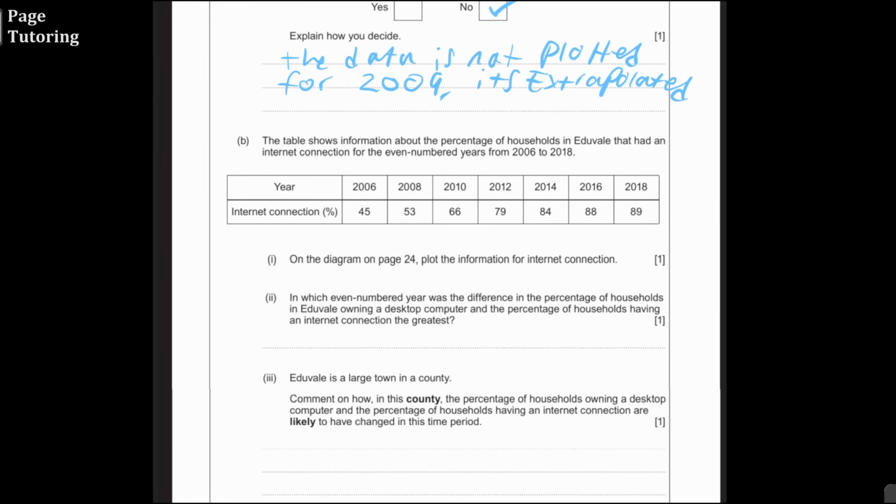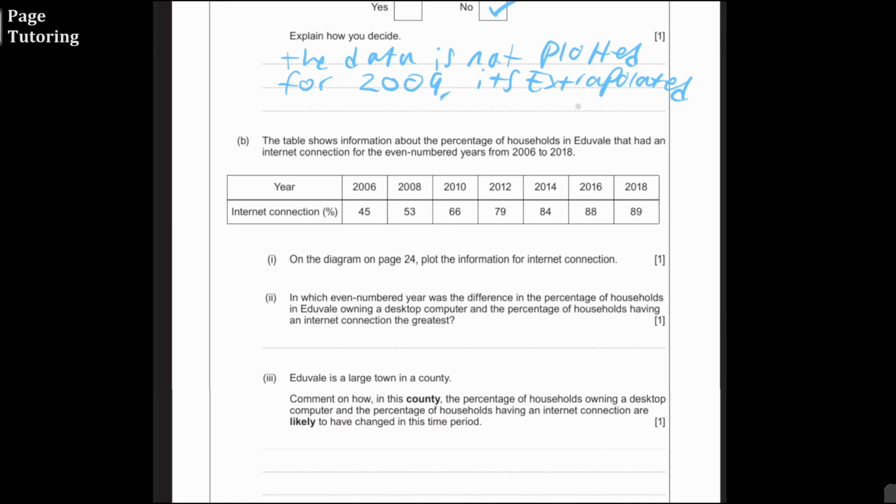Part B. The table shows information about the percentage of households in Eduvale that had an internet connection for the even numbered years between 2006 and 2018. So we've got years there and we've got internet connection with a percentage. So it says on the diagram on page 24, plot the information for internet connection. Wow, this paper is very plotting heavy.